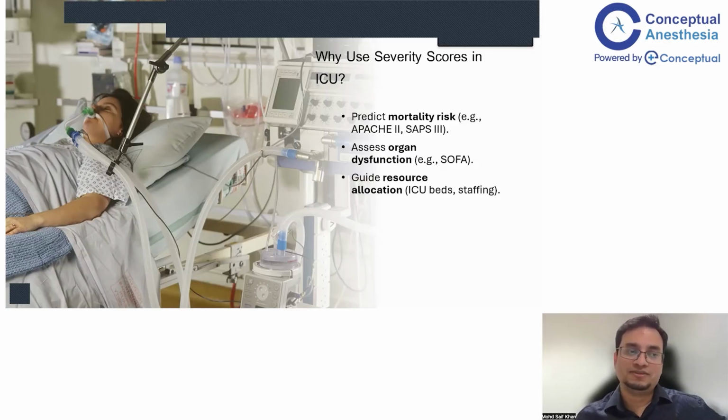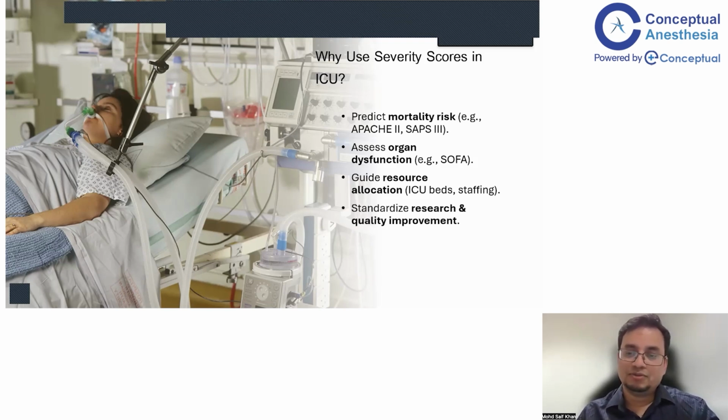So all those aggressive measures of treatment and therapeutic interventions can be instituted in a patient who has a good prognosis and is young. So those kinds of decision making can be guided by these scores.